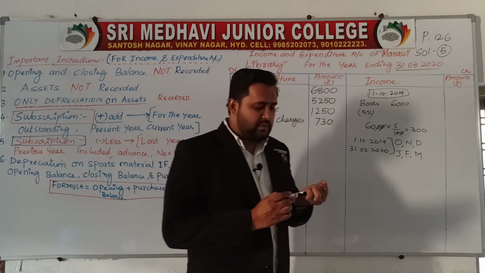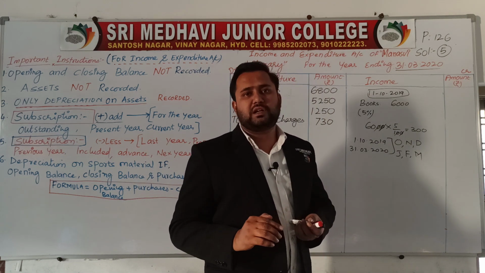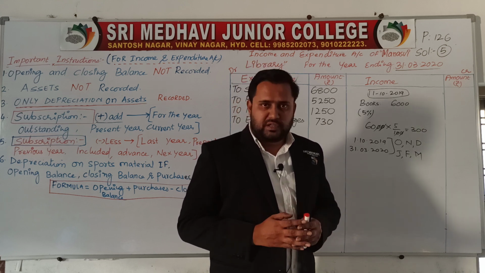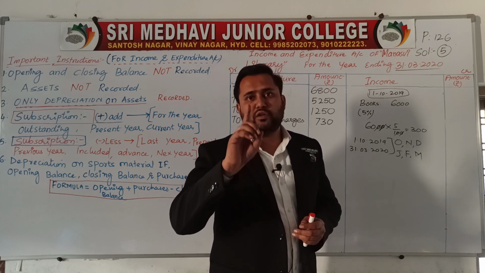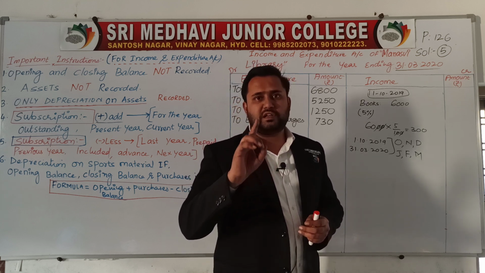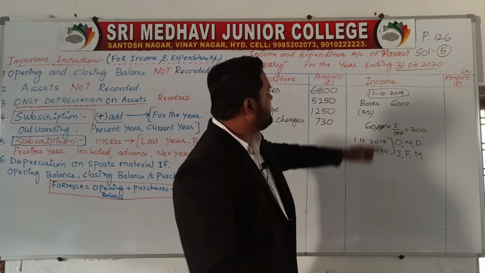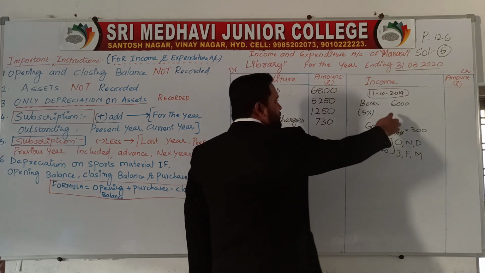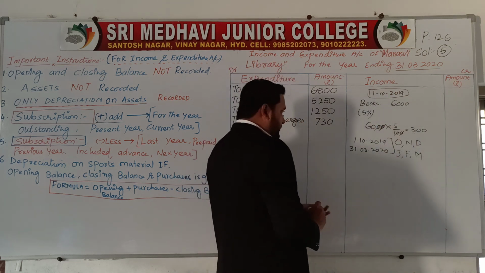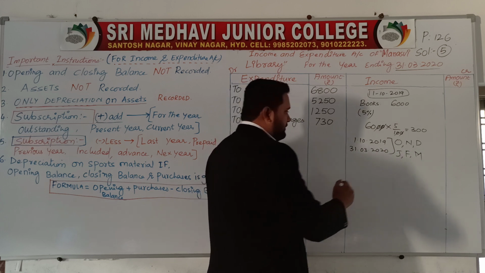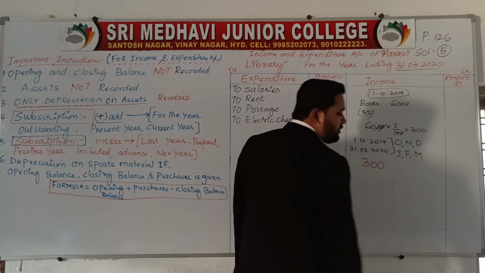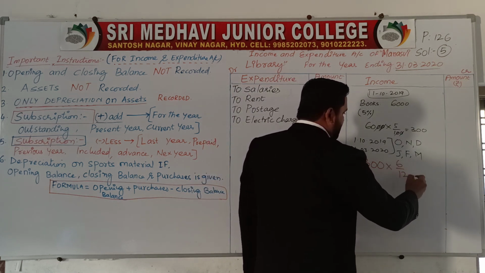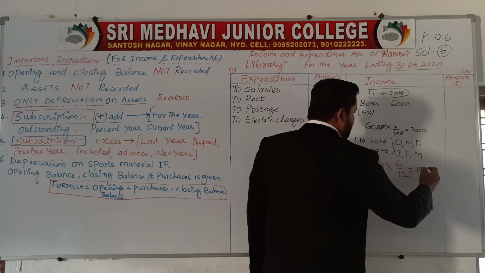So we purchased the books in the middle of the year, on 1st October, which means we have to calculate depreciation on books at 5% for 6 months. So 6,000 rupees at 5%, 300 is for the whole year. Now 300 rupees is for 12 months. What about for 6 months? Into 6 by 12, which is nothing but 150 rupees.